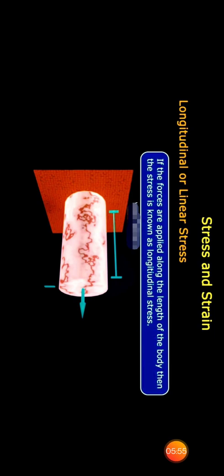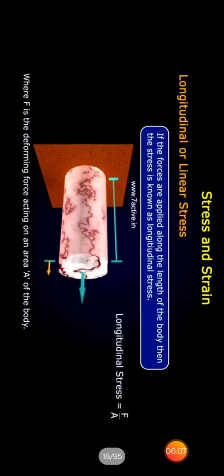If the force is applied along the length of the body, as shown in the figure, then the stress is known as longitudinal stress. Therefore, the longitudinal stress is equal to F upon A, where F is the deforming force acting on the area capital A of the body.